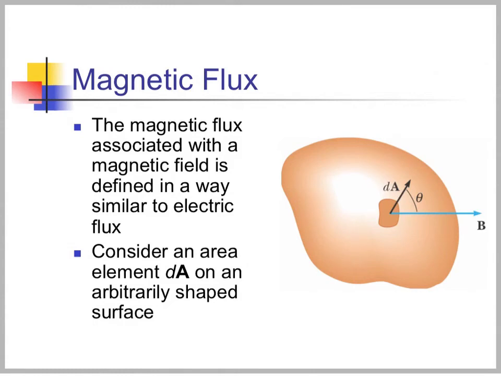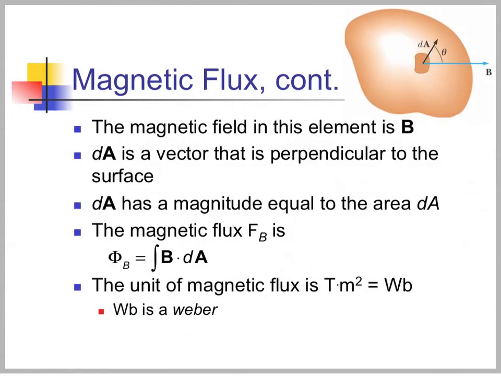The magnetic field in this element is B. dA is a vector that's perpendicular to the surface and has a magnitude equal to the area of the surface. And the magnetic flux then is defined as the integral of B dot dA. The unit of magnetic flux is a Weber, or a Tesla meter squared.